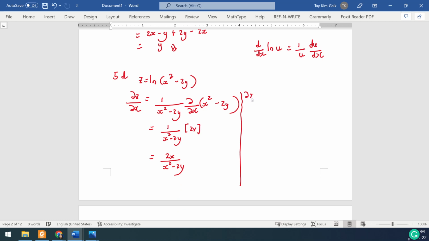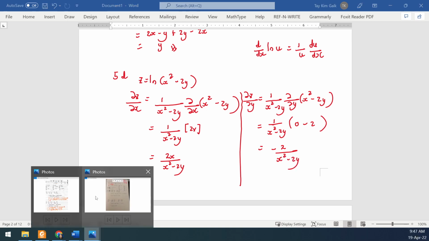So similarly, del z del y: you have 1 over x squared minus 2y, and then you del del y of x squared minus 2y. Del del y x squared is 0. Del del y negative 2y, you get negative 2. So the answer is negative 2 over x squared minus 2y.